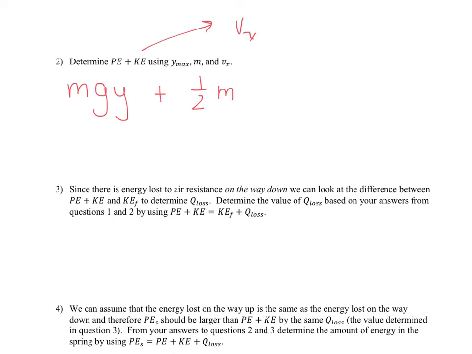So this is really 1/2 m Vx squared. All right, so again, the PE from the top, you have to use mgy max. The KE at the top, you have to use 1/2 m, and we're using Vx squared, because Vy is 0 at the top, so we don't have to use that part. So when you plug in your numbers, go back to your first page to figure out these numbers, or your second page where you listed these values.